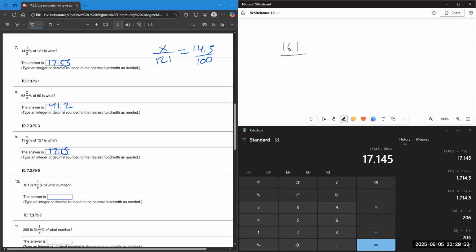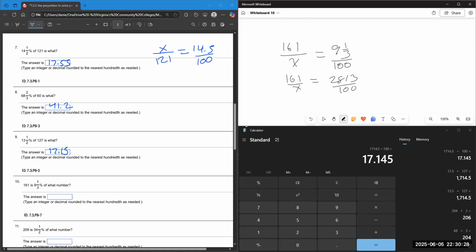$161 is 9 1/3% of some number. So this is 161 over x equals 28 over 3 over 100.